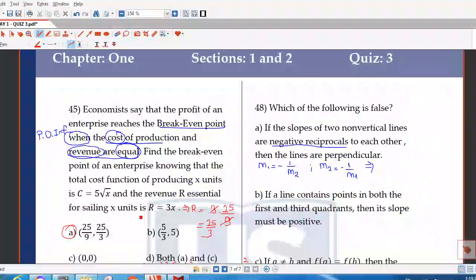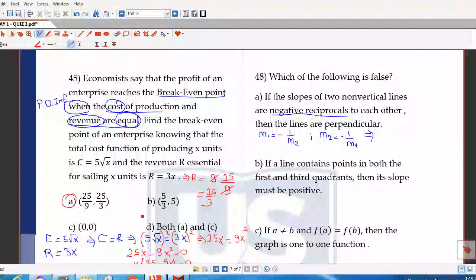Question 48 is a true or false statement. Which of the following is false? If slopes of two non-vertical lines are negative reciprocals, we know the product of them will be -1.